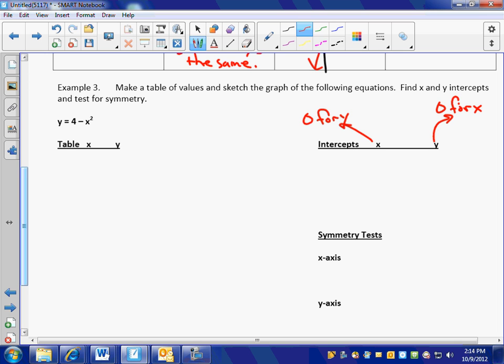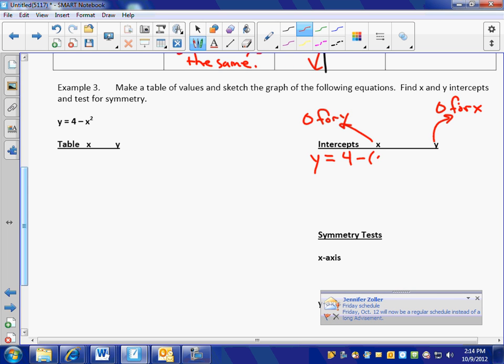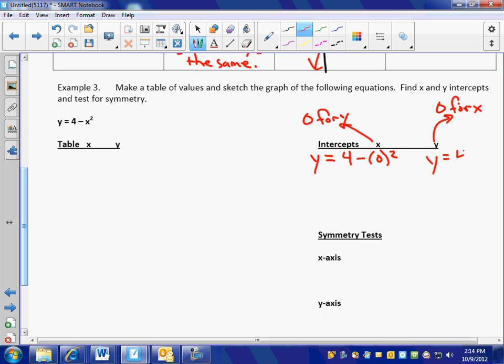Let's do y's. So we plug in 0 for x. So we have y is equal to 4 minus the quantity 0 squared. What is 4 minus 0 squared? 4. So the y-intercept is 4. Now let's switch it. Let's find the x-intercepts.